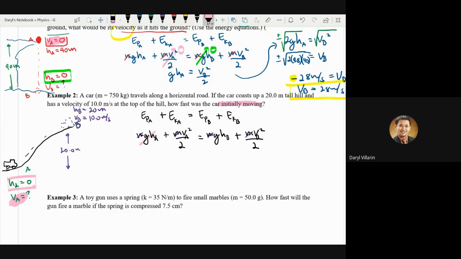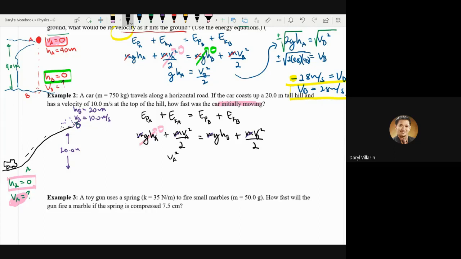So this particular term should be equal to 0. Well, I can no longer make my v sub A over 2 equal to 0 because, again, I know that it should be moving. So that would remain. HB has a particular value also, as well as v sub B. So actually, it's only the first term of the left-hand side of the equation that I can get rid of, because again, that's equivalent to 0.